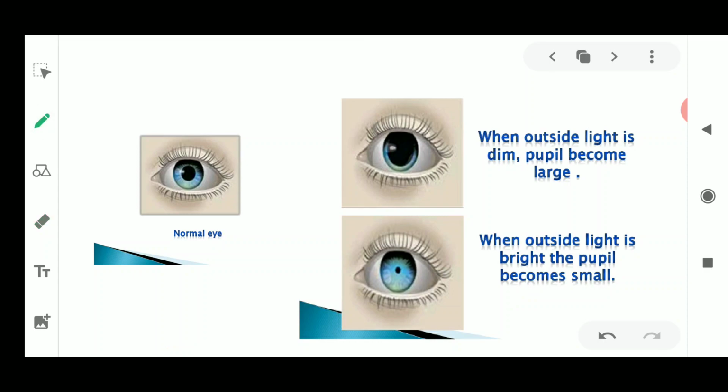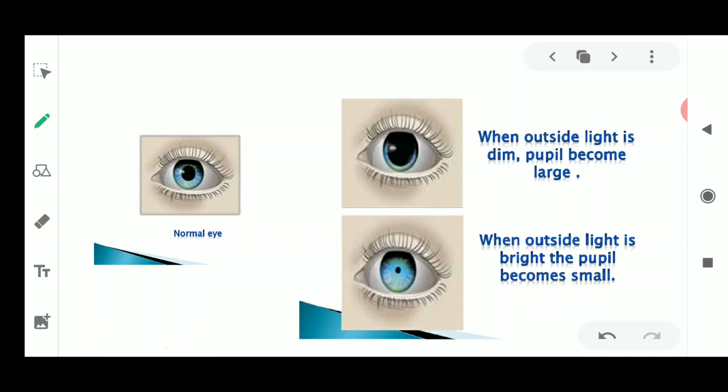What happens when you go out from a dim light, when you are inside the room, into the bright sun? You start blinking your eyes and moving your eyes in a smaller amount so that a large amount of light should not enter your eyes, because if a large amount of light enters, it could damage your retina.